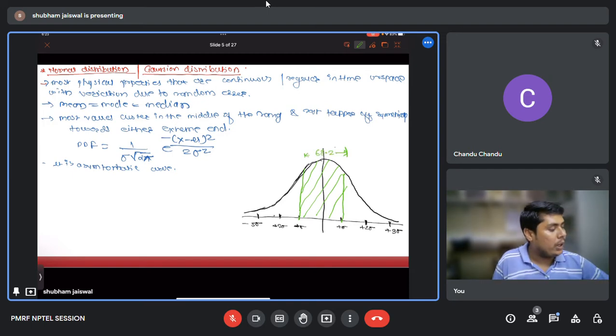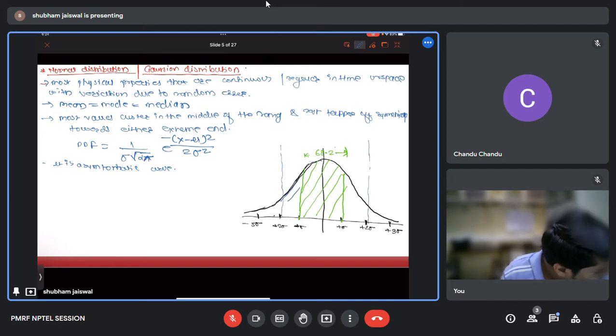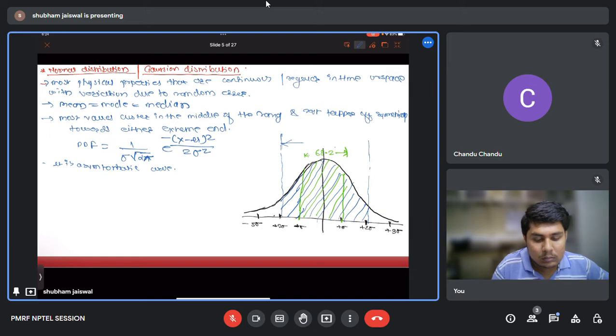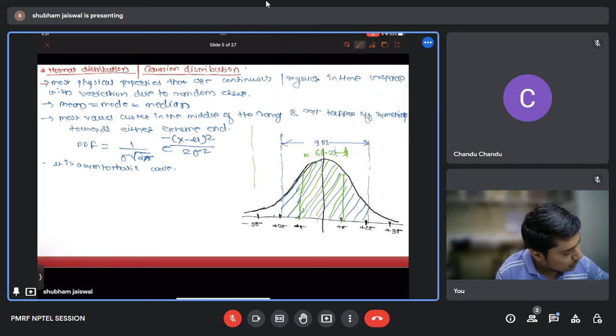Within the minus 2 and plus 2 sigma limit, it covers about 95% of the values. And when we consider the plus 3 sigma limit and minus 3 sigma limit, it covers almost 99.7% of values.